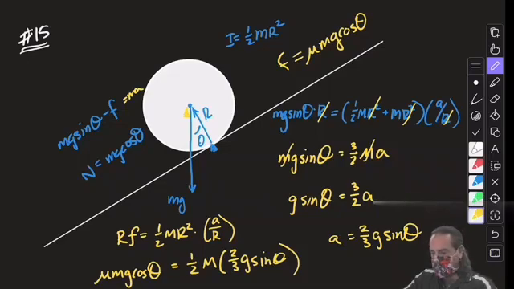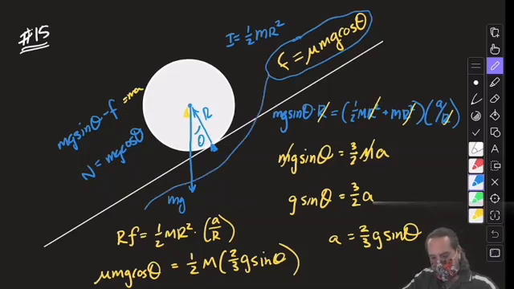I did a lot there. I'm trying to rush to the end, but I use this for friction because we have to be at the max. And I put that here. I canceled out all the R's. And I put this for acceleration so that we get one relationship that has just mu and the angle in it.